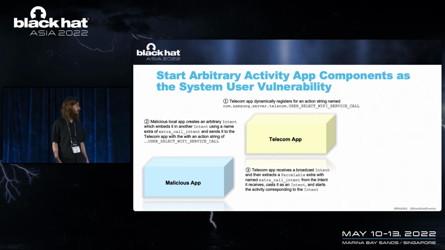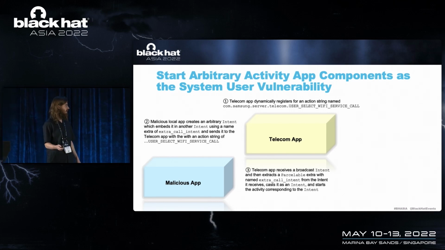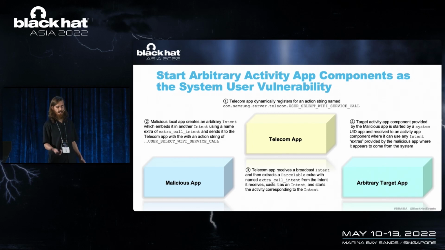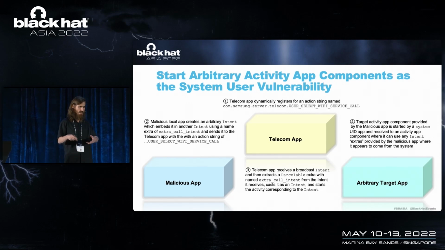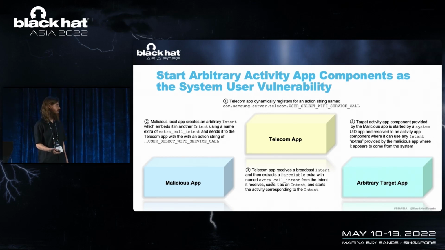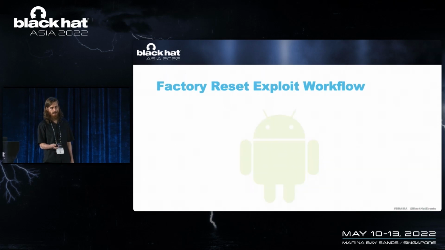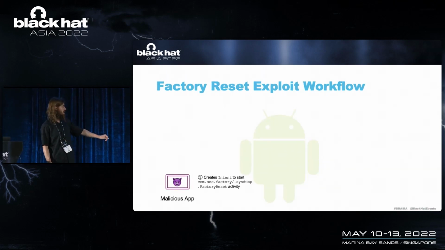By broadcasting it, the Telecom app will then receive this intent, extract the embedded intent, and then start it as an activity, which will then be sent to the ultimate target application, which will then essentially receive the intent and perform whatever action according to its application logic, acting on the embedded data.